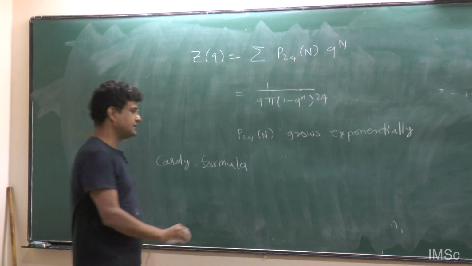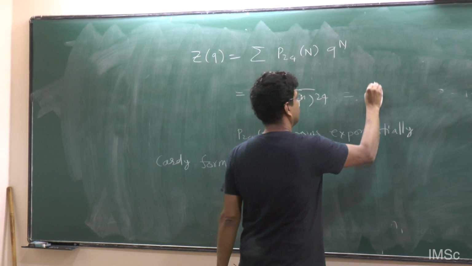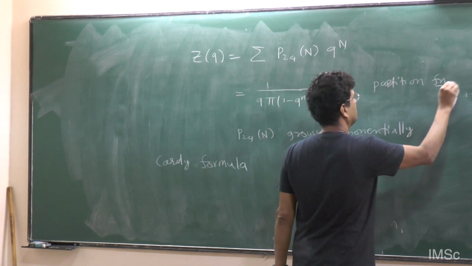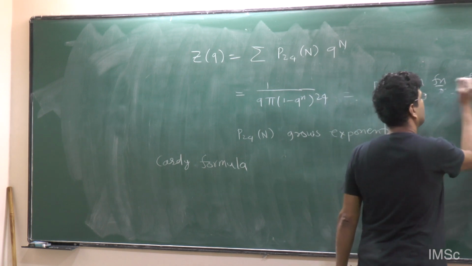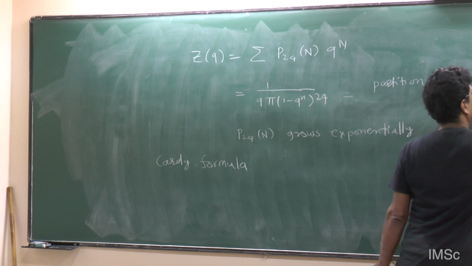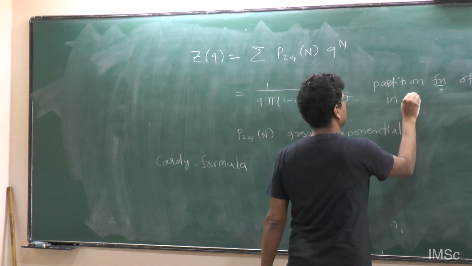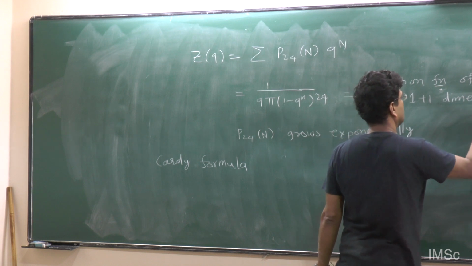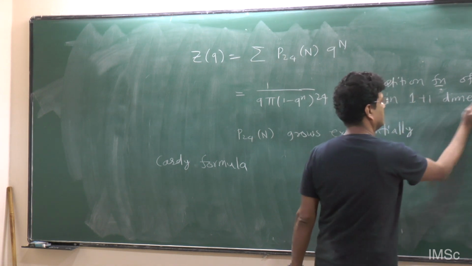Because if you think of this as a partition function of 24 free bosons in 1+1 dimensions on a circle.